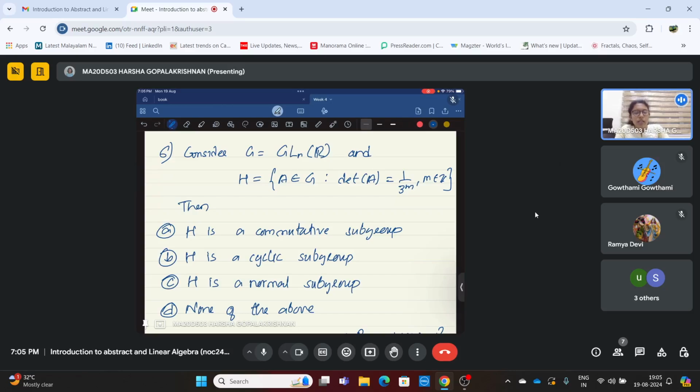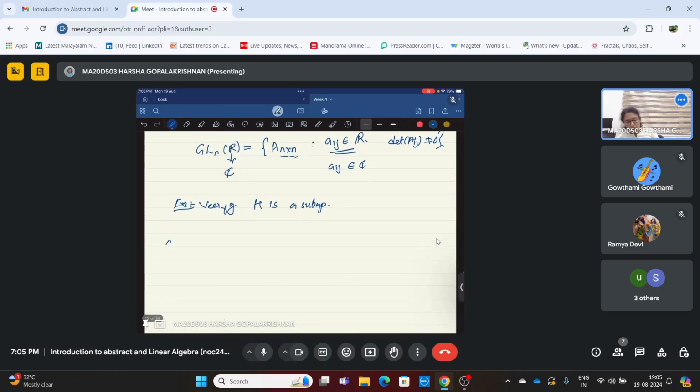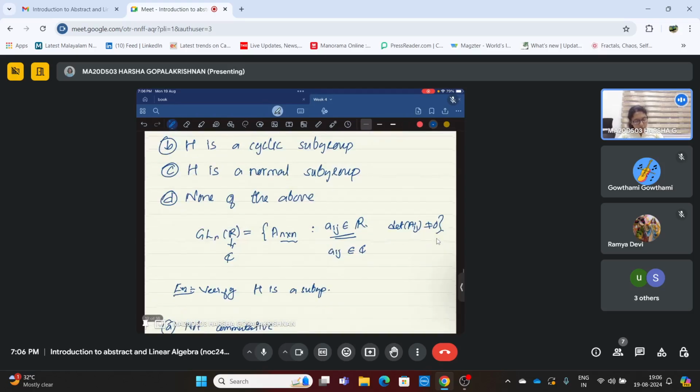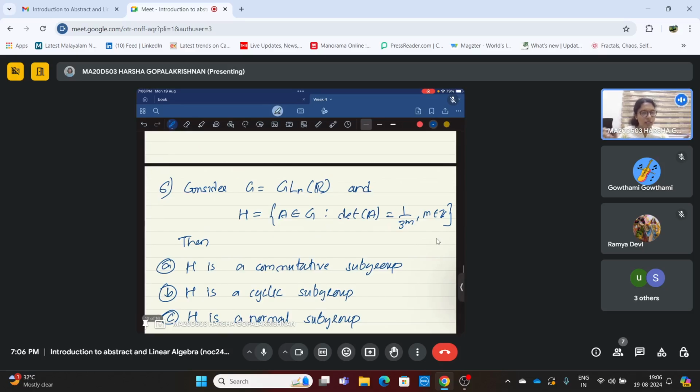When it comes to matrices, the commutativity is actually clear, right? It's actually not commutative. I forgot to tell, this is actually with matrix multiplication. GL_n(R) is not under addition, it is under multiplication.